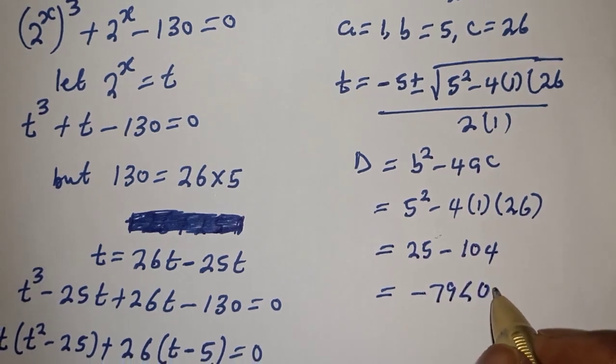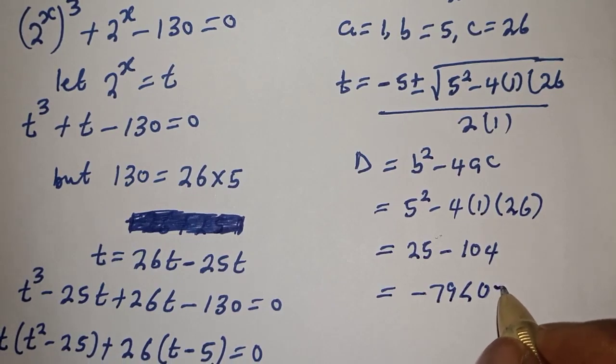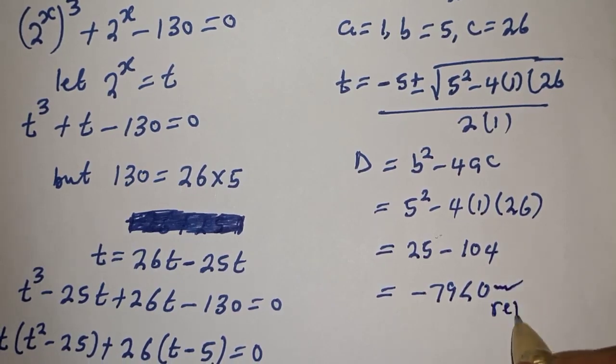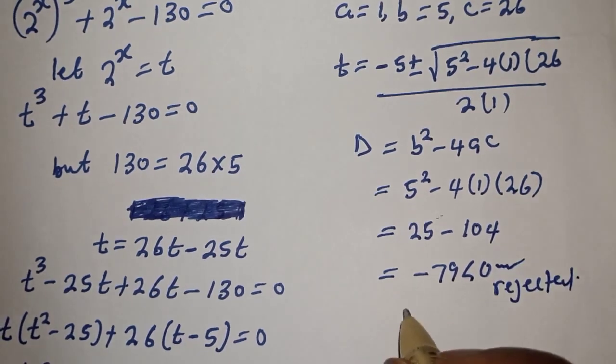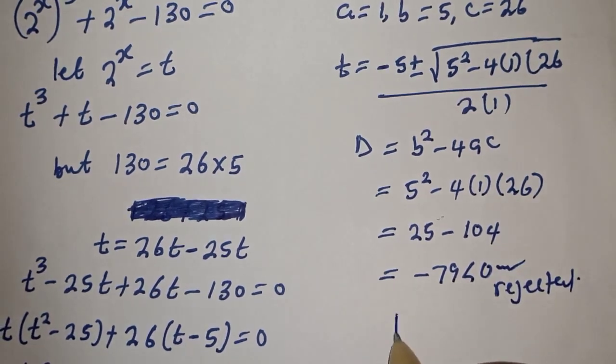So no real solution here. The whole of this is rejected. The only real solution we have is t is equal to 5.